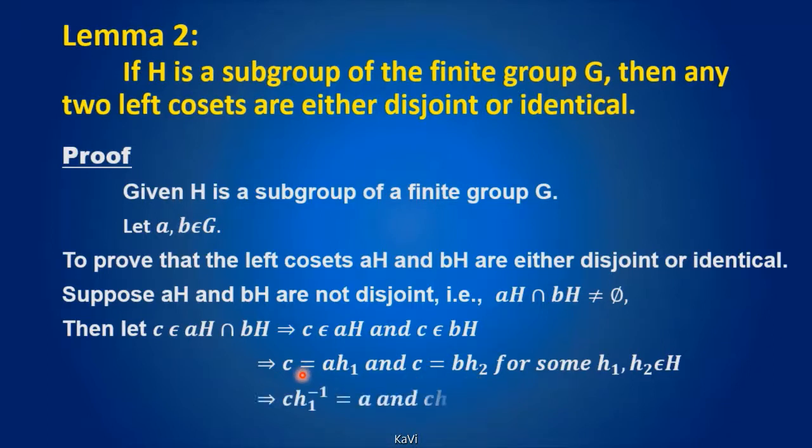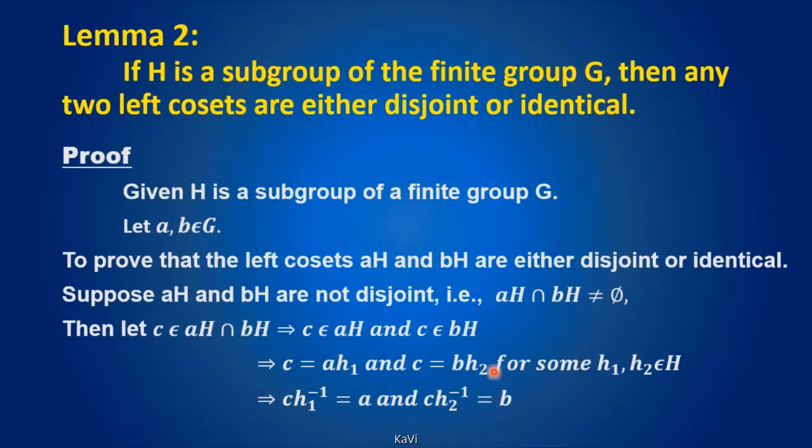From this we can write C H1 inverse is equal to A. That is, you are post multiplying by H1 inverse, so here you will have H1 into H1 inverse as E, and A into E will be equal to A. Similarly, you can write C H2 inverse is also equal to B.